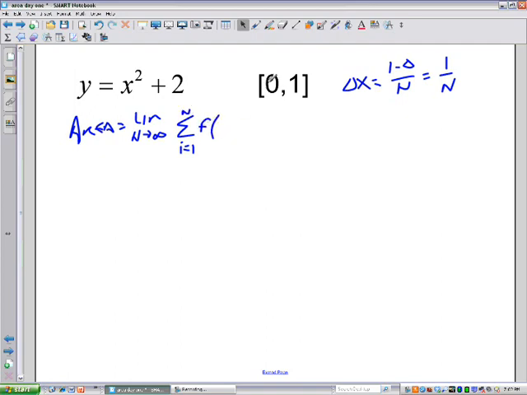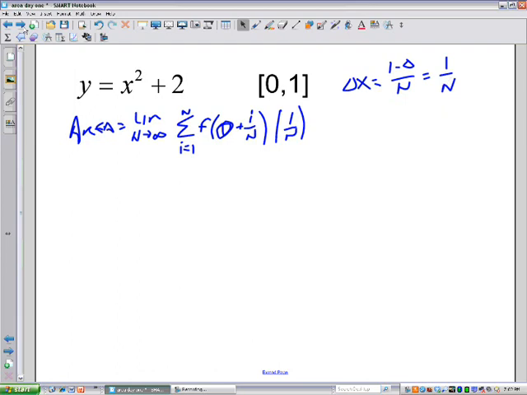So c sub i in this case is going to be 0 plus i over n times delta x, which is 1 over n. 0 plus i over n.